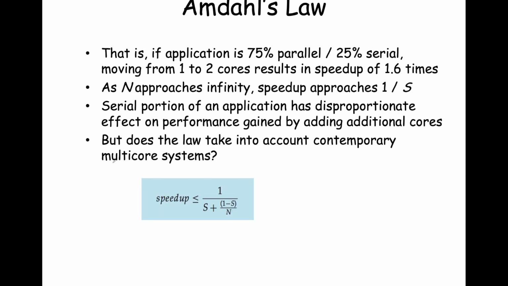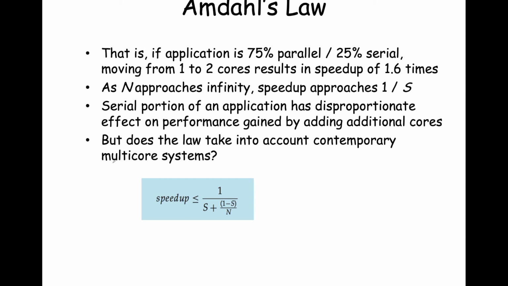Okay, and so an example given in the book, let's say you have an application and 75% of it you can chop up for parallel execution and 25% of it is serial. If you go from 1 core to 2 cores, this gives you a speedup by Amdahl's law of 1.6 times the execution speed.